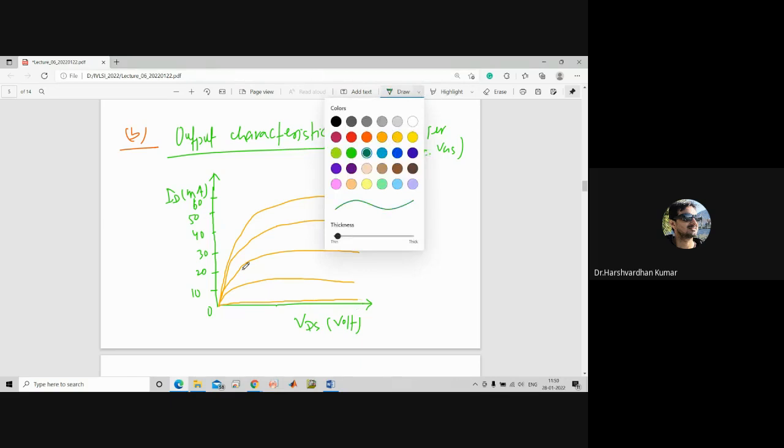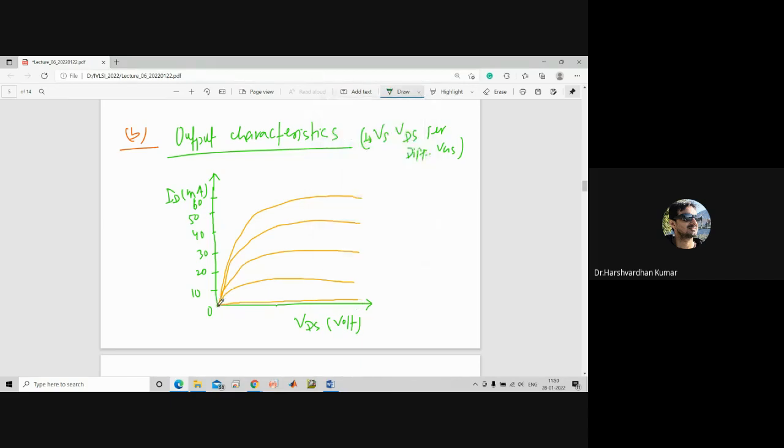See here, what is happening, you can see clearly that after this point, here VGS is less than VTH.